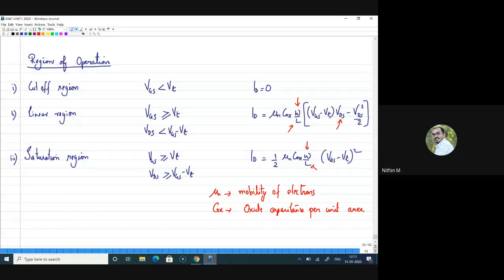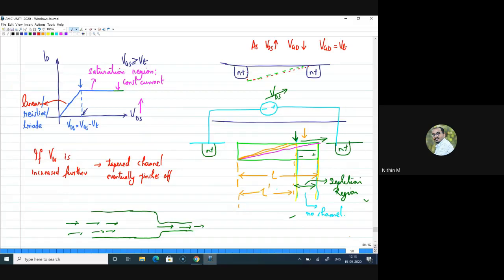Now, one more point I want to make here. The condition or the point where your VDS equals VGS minus VT is considered the edge of triode region or edge of saturation region, because if you look at the graph, this point is neither in saturation nor in triode in that way.